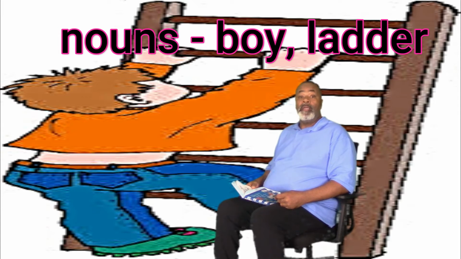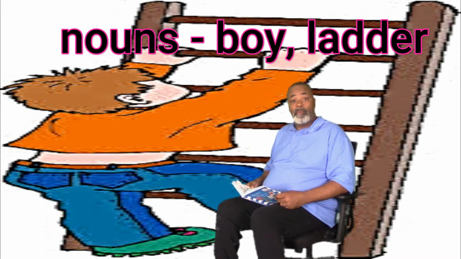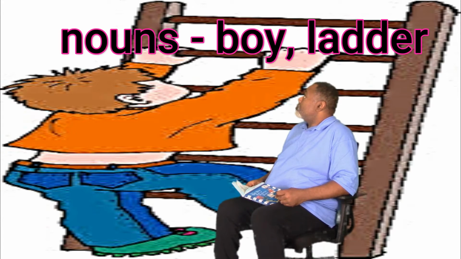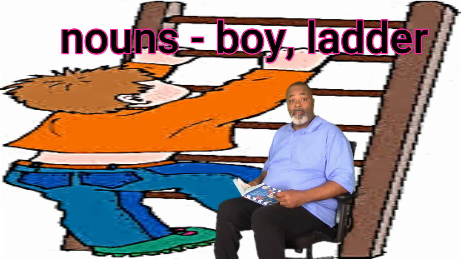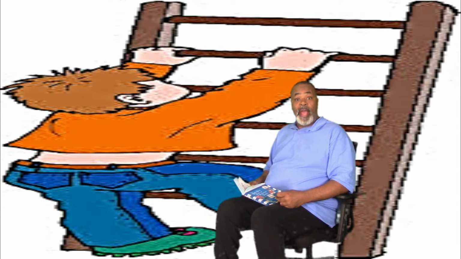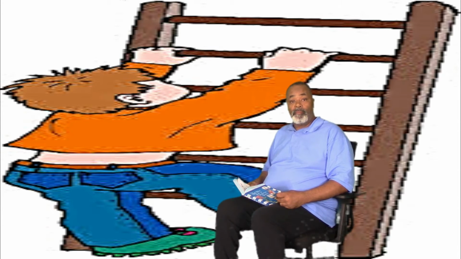That's right. A boy is a noun. Are there any other nouns in this picture? That's right. A ladder. So now that we have the verb and the nouns, now we can find the adjective. So what are some adjectives that you can use in this picture that describes the noun?